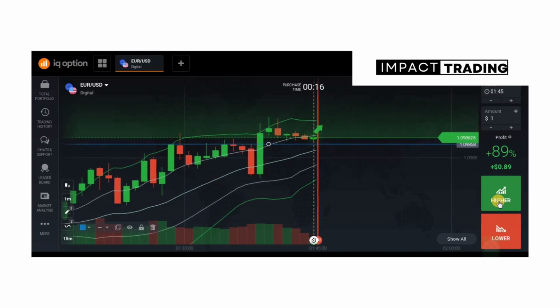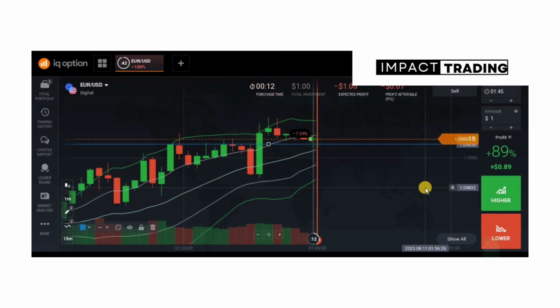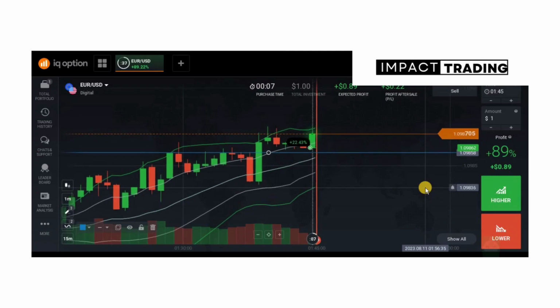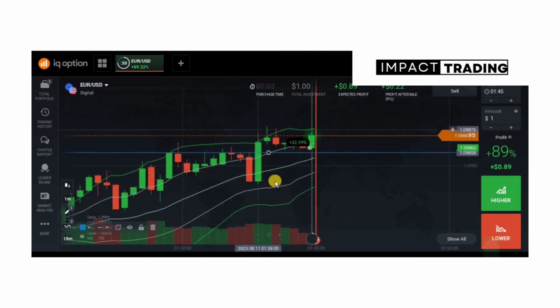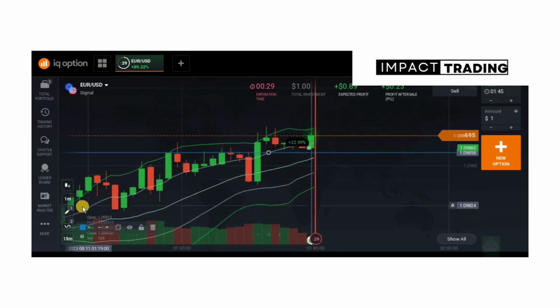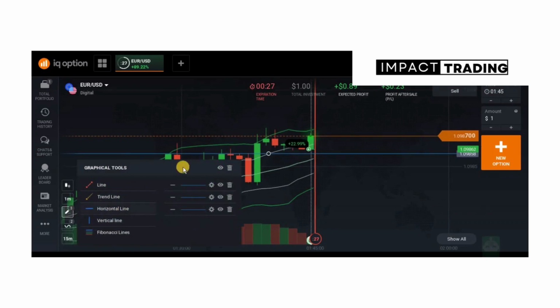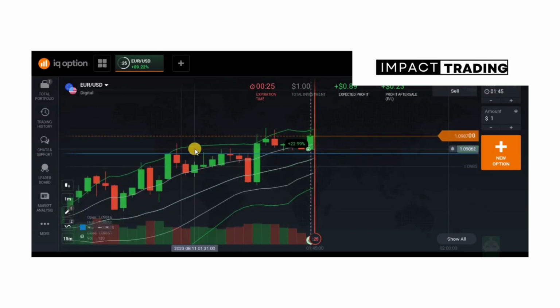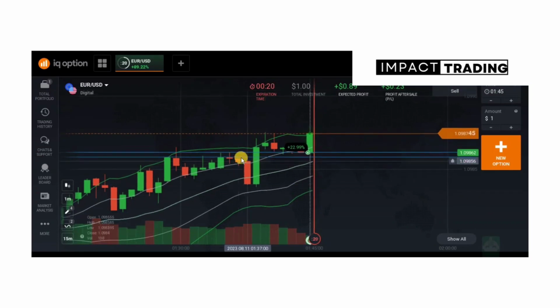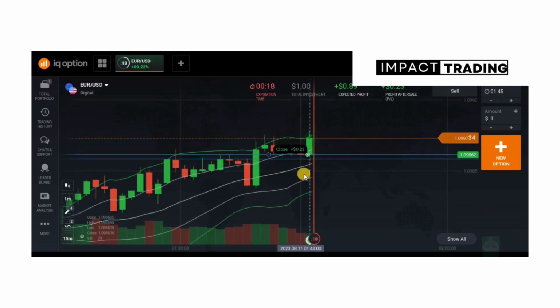If it comes back down, okay, yeah, I got it right there. So when this trade closes, we are going to do our next 2 trades and then explain. So I'll be telling you why I took this trade here.